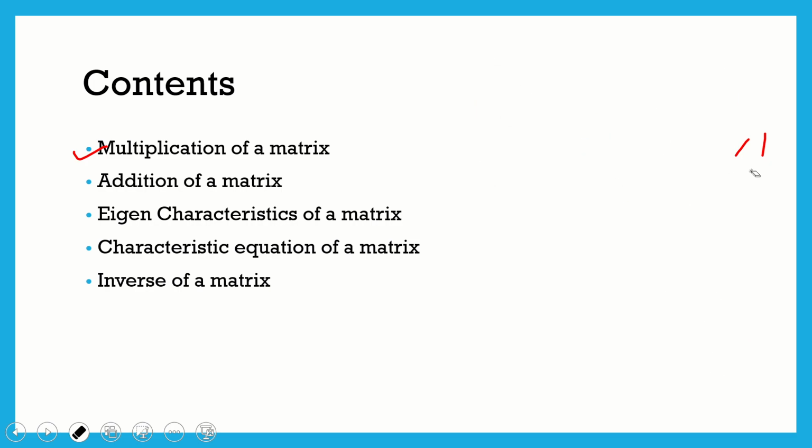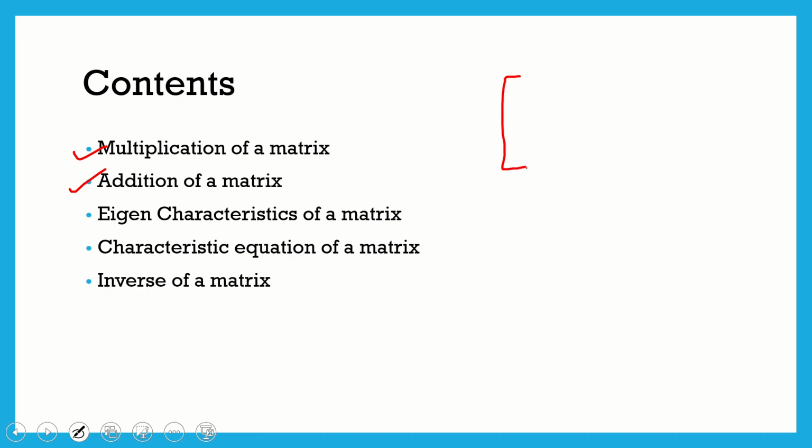And then we have to cover addition of matrices. Remember that multiplication of matrices is possible in any kind of order, as long as the inner dimensions are the same on both sides. But addition of matrices is only possible for equal orders.